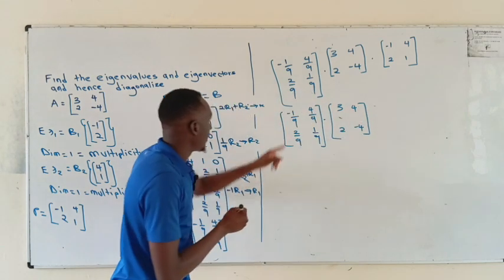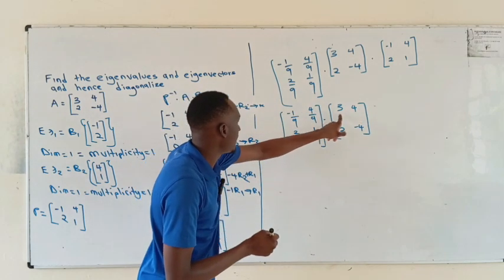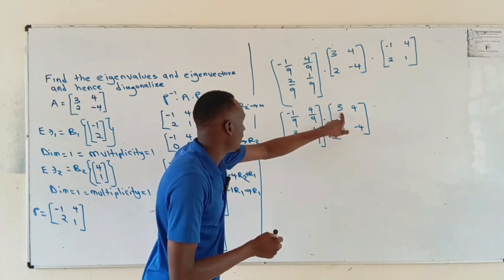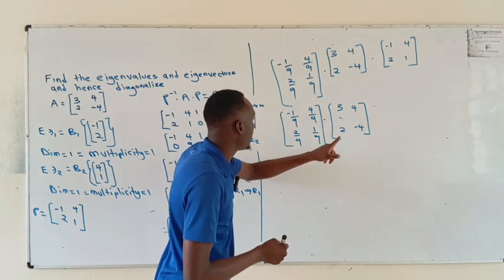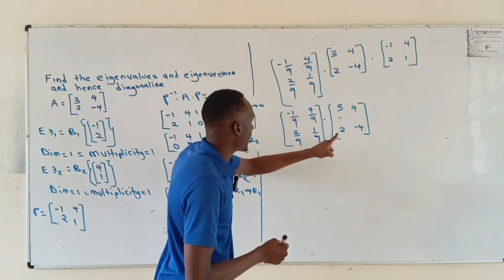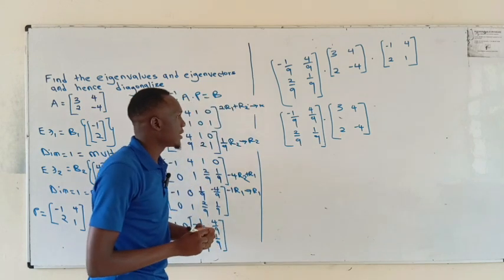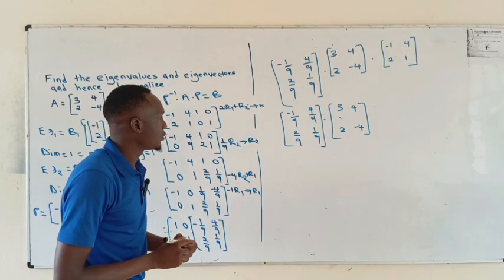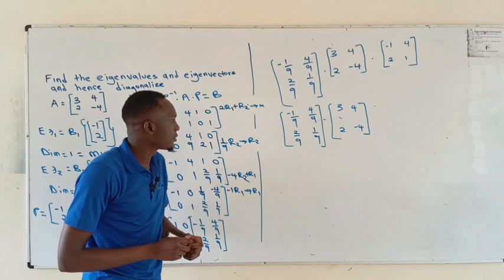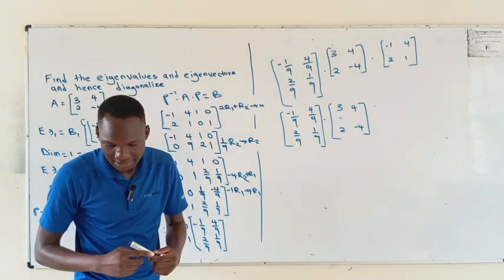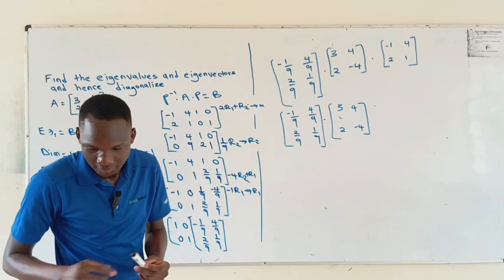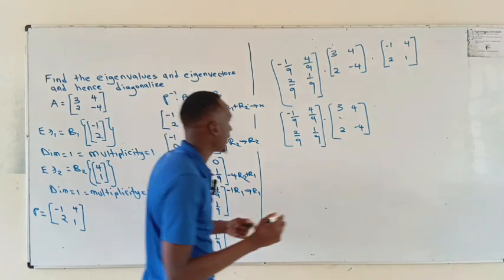Now we have negative 1 over 9 times 3, which is negative 1 over 3, plus 4 over 9 times 4, which will be 16 over 9. So negative 1 over 3 plus 16 over 9 will give us 5 over 9.